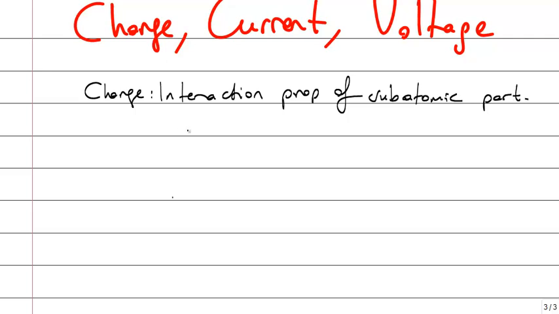Electrons and protons. Neutrons have no charge. And the unit is coulomb. 1 coulomb, 10 coulomb.